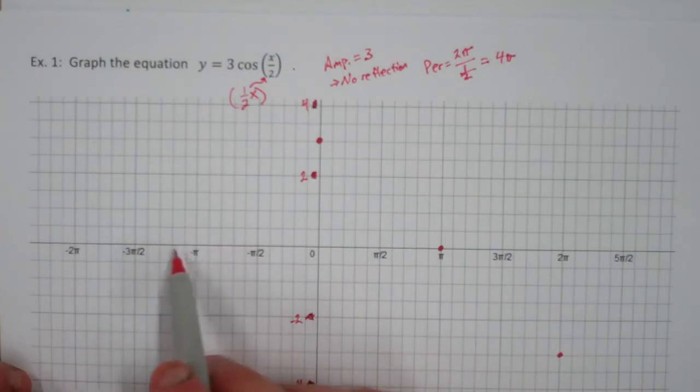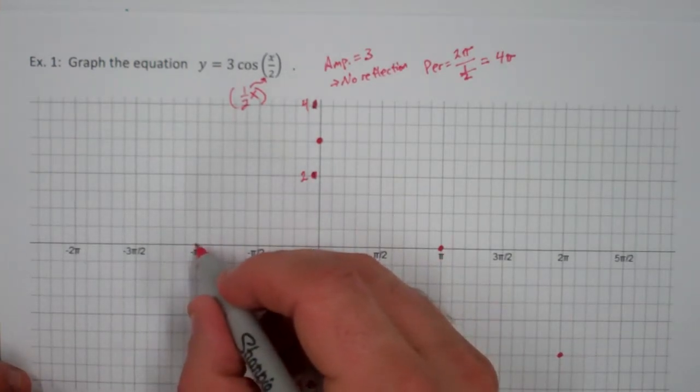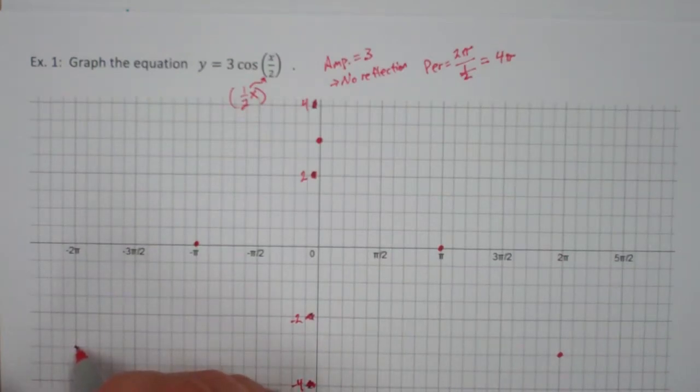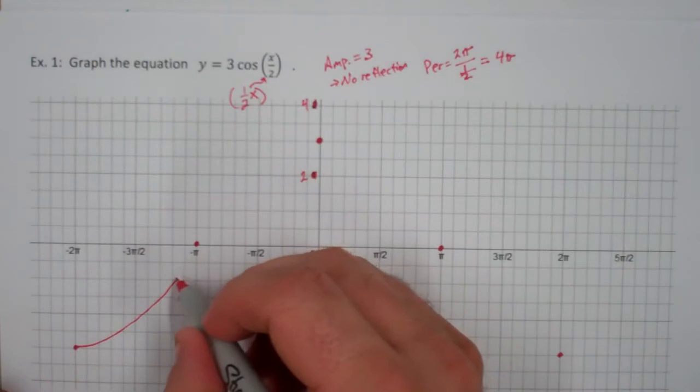As we go to the left, this is just going to be a reflection or a mirror image. So at negative pi, we're going to have a mark at 0, and then here at negative 2 pi, we'll come down. And we'll actually have graphed one full period here. So if we do that, let's try to do a nice job. Make sure that it's curved.